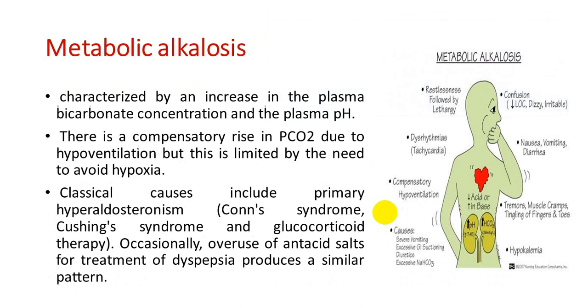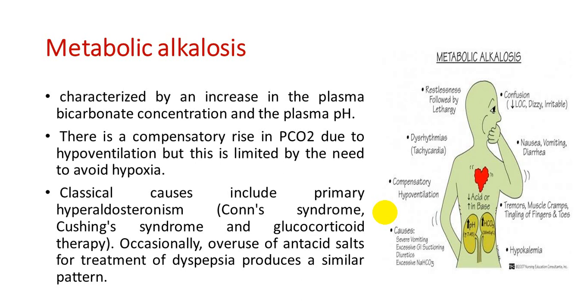What about metabolic alkalosis? Metabolic alkalosis is characterized by an increase in the plasma bicarbonate concentration and plasma pH. There is a compensatory rise in PCO2 due to hypoventilation, but this is limited by the need to avoid hypoxia. The patient will start to hypoventilate.